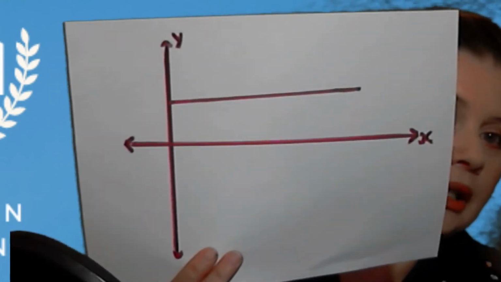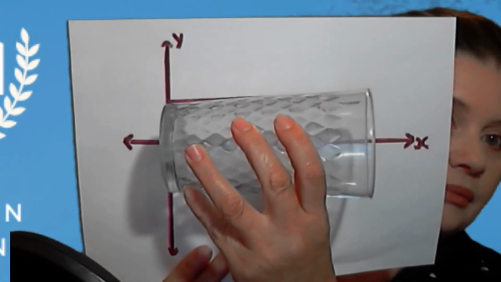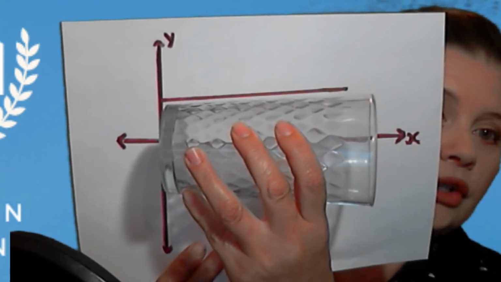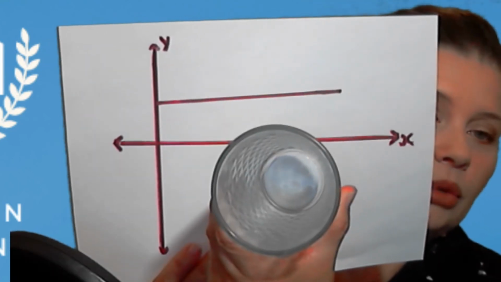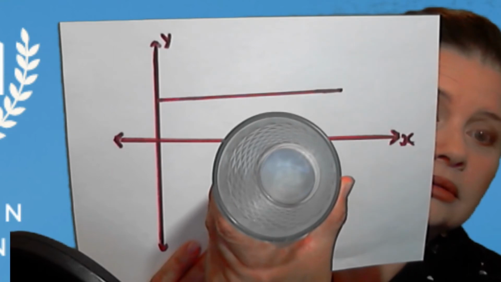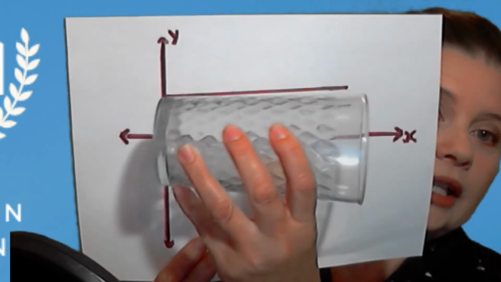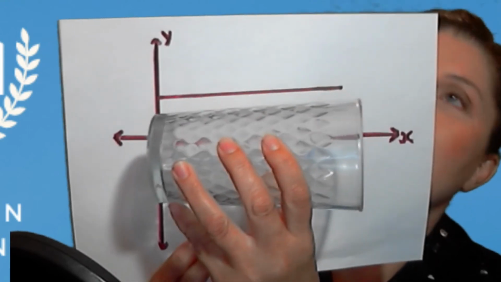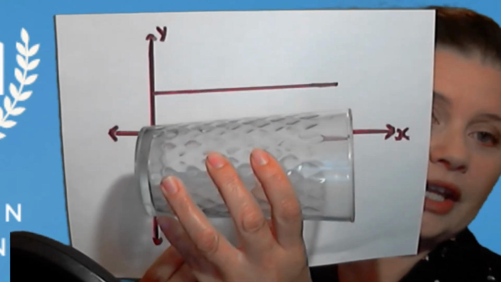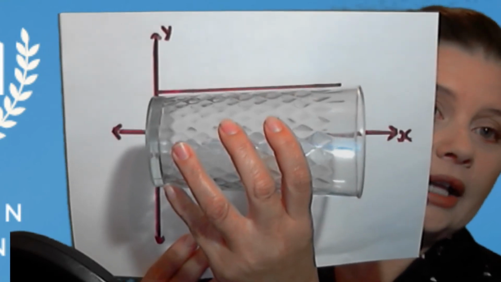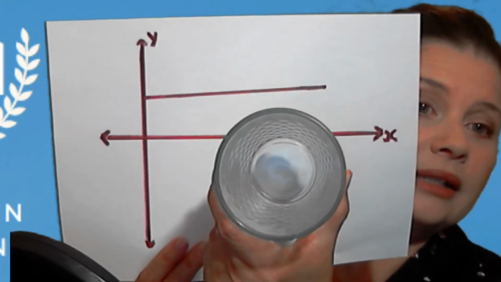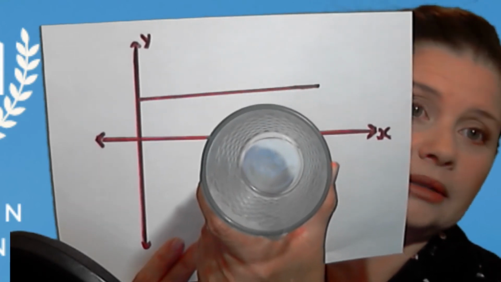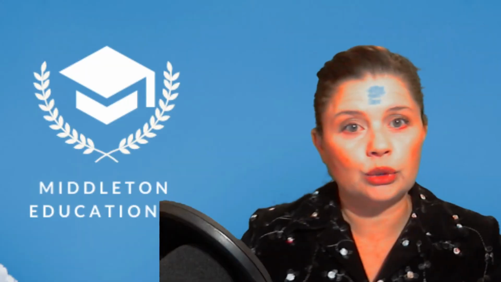So that means I'm going to take the glass like this, and then section off the glass essentially. And if I section off the glass and turn it this way, what have I got? A circle, right? So you're going to be taking sections of the glass essentially and finding the volume of that section. And the volume is going to be the area of the base of the circle times your height, right? So that's what we're going to be doing.